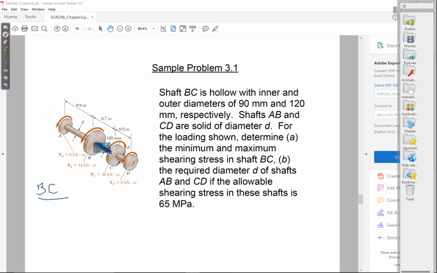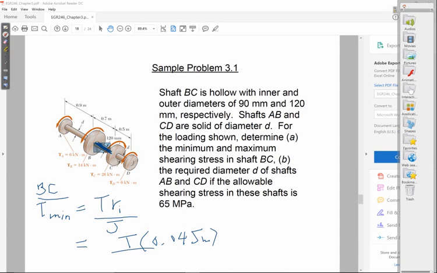tau minimum is T times R sub i, that's R inside, over J. R inner is half of the 90 millimeters, so 45 millimeters, 0.045. So that's torque times 0.045 meters.